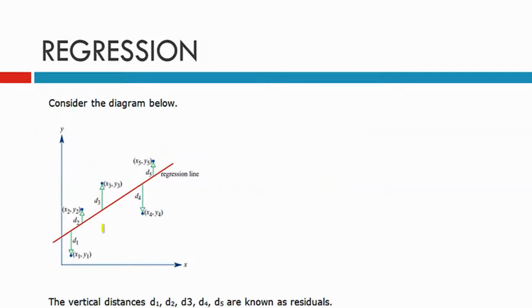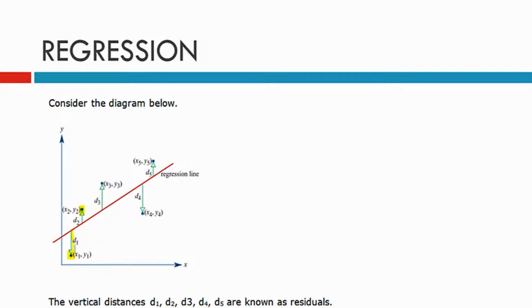Now here we have our line drawn in with all our data up, and you can see x1 and y1, that's a point, and then x2 and y2, that's a point, and so on. The regression line minimizes the distance from the point to the line.